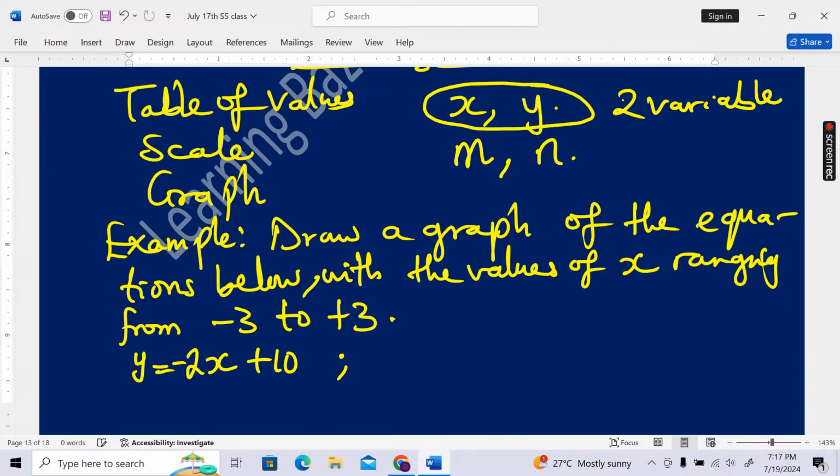All right, then the second equation. The second equation is y is equal to 2x minus 3.